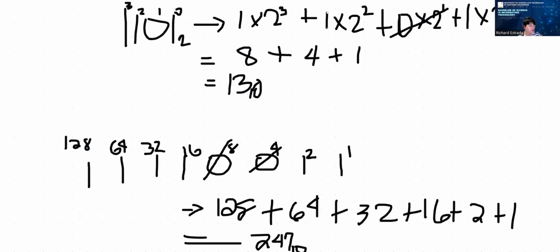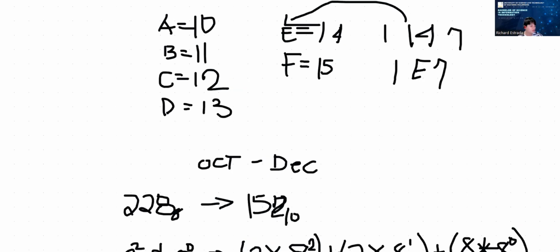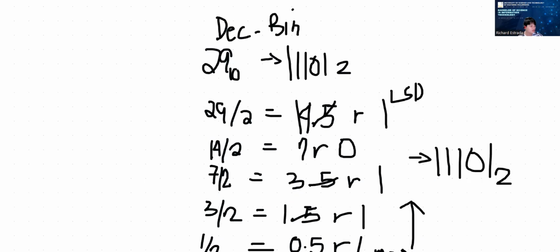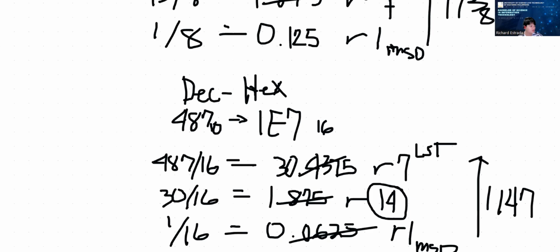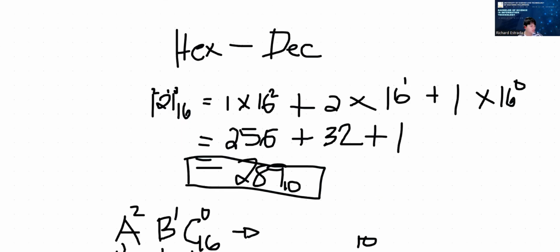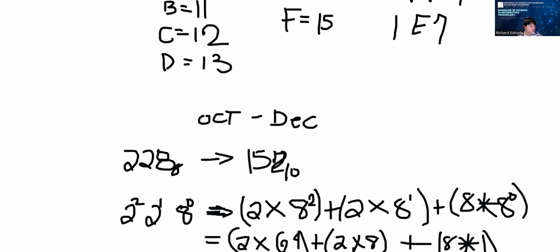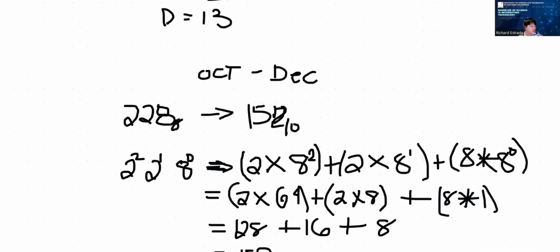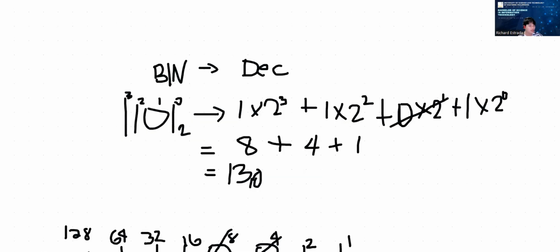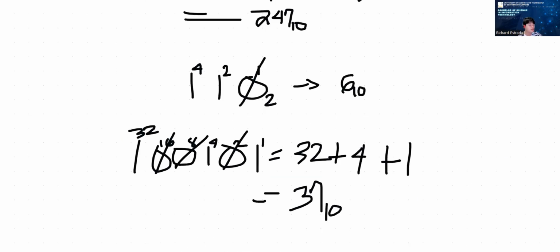Pretty basic for anything you want to convert into decimal. So this one is from the previous samples: hex to decimal, octal to decimal, decimal to hex, and then binary to decimal. I think that's all for number system to decimal.